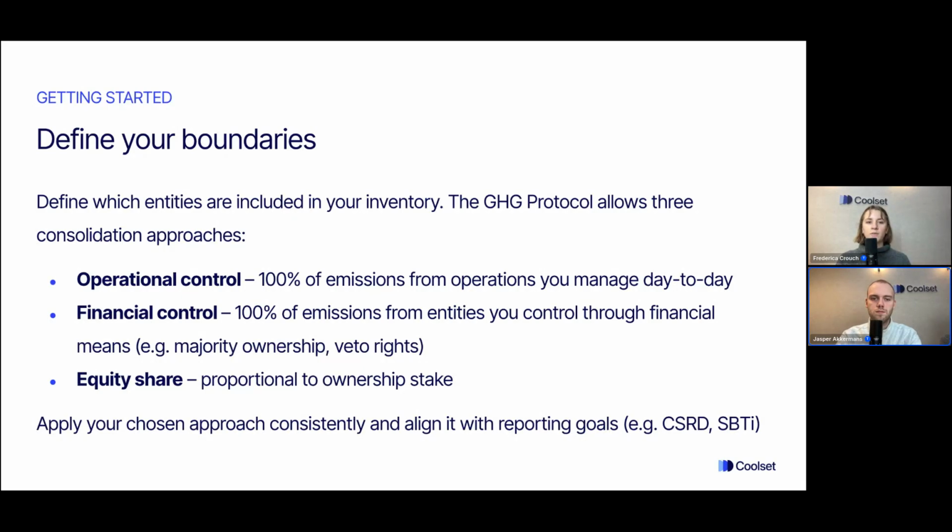And choosing one of these boundaries is really important because it will set the scope of your GHG emission reporting, and it should be chosen consistent with any other reporting goals you have, so CSRD, SBTi. So it's important here to discuss this with your wider team, maybe your financial or legal team, to ensure it's consistent across the business.